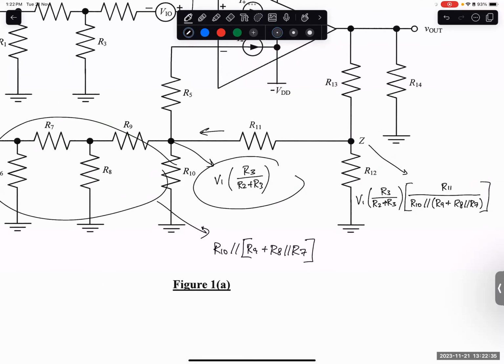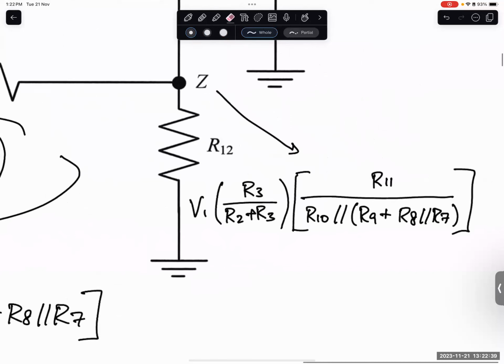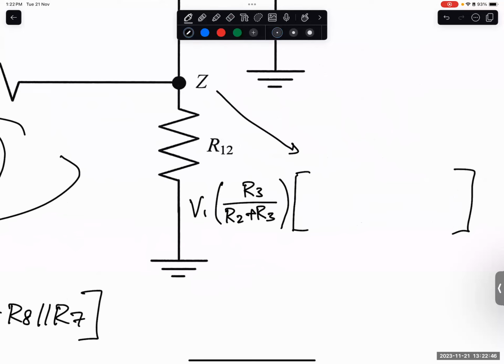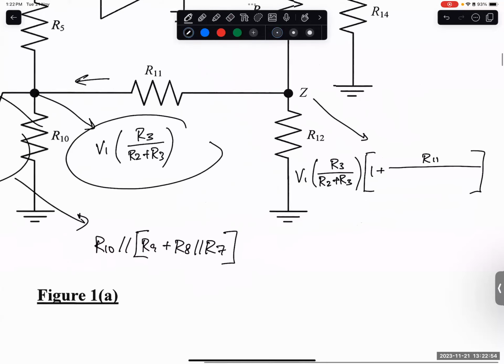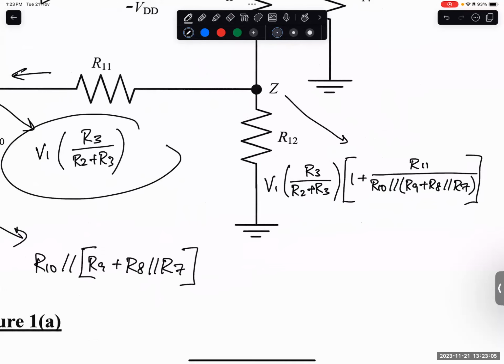I think I did it wrongly. I'm supposed to do R11 plus everything else. So actually it's just this, 1 plus R11 over the entire thing.